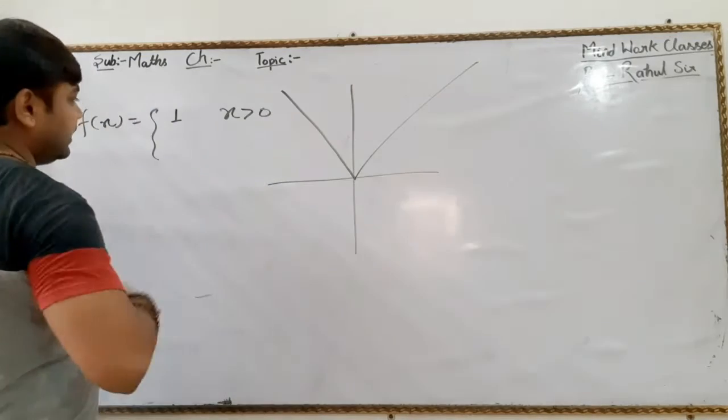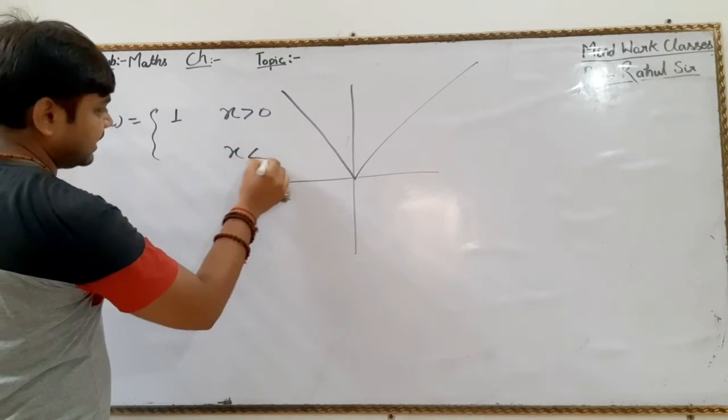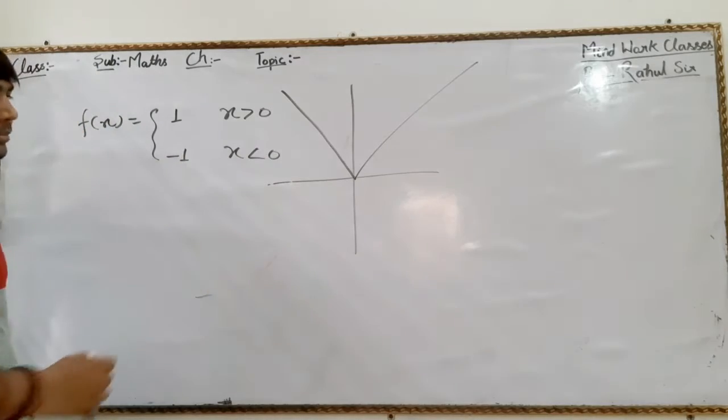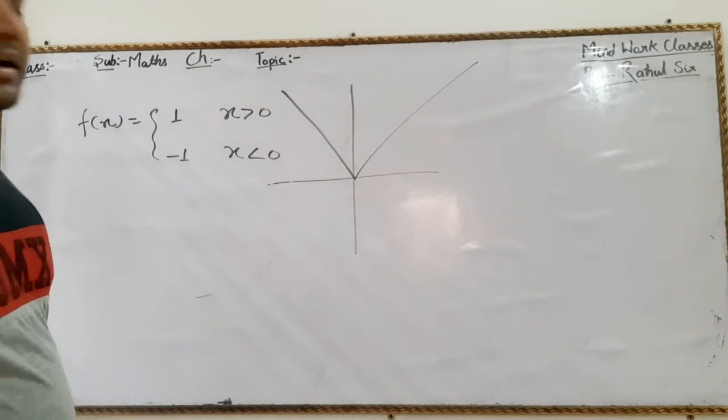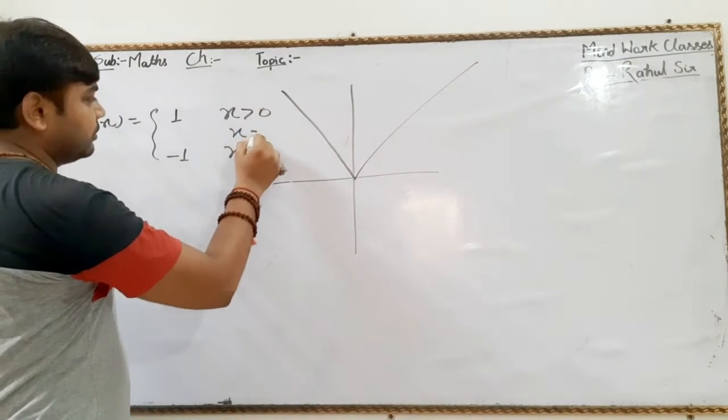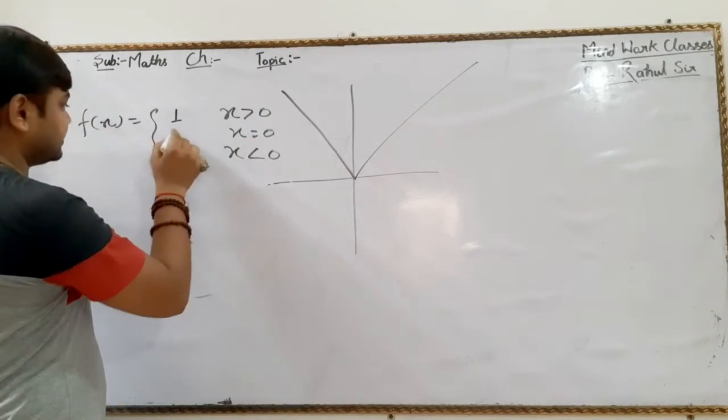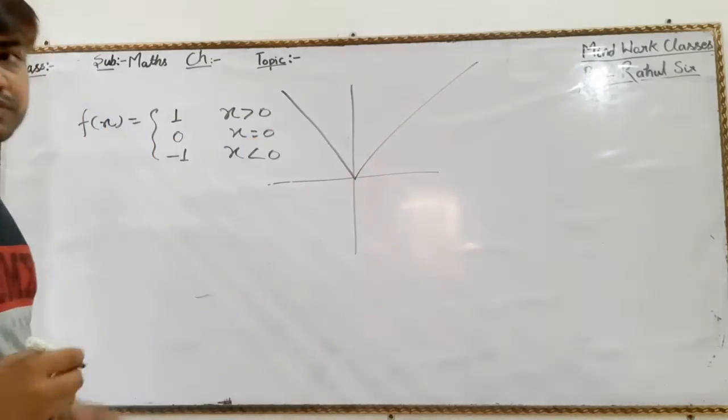If x is less than 0, then it is minus 1, and if x is equal to 0, then f(x) is also 0.